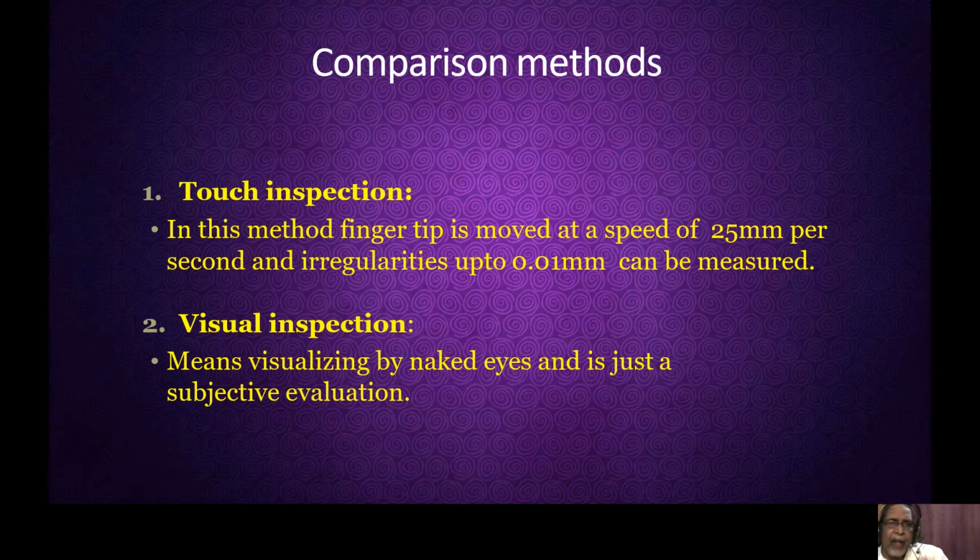Somebody will show you something and ask you to see how good the finish is. You take the object, see it, and just by seeing with your eyes you say, very nice finish, excellent finish. This is visual inspection.